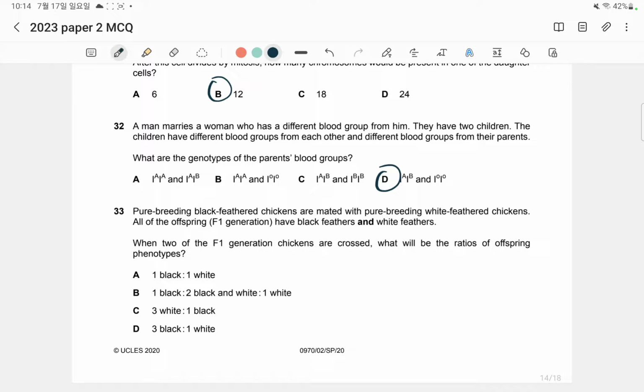Now I'll explain this question for you. A man marries a woman who has a different blood group from him. They have 2 children. The children have different blood groups from each other and different blood groups from their parents. What are the genotypes of the parents' blood groups?